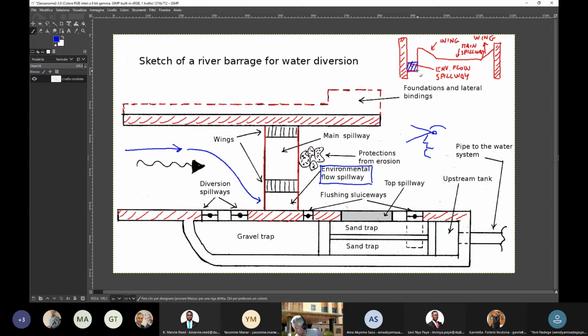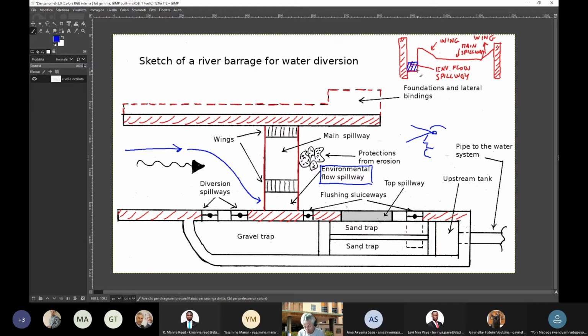Very good. And what is the reason why we concentrate the flow in a spillway with low elevation? The reason is that this is the environmental flow. The environmental flow is to be released by law, so it's something that is compulsory.